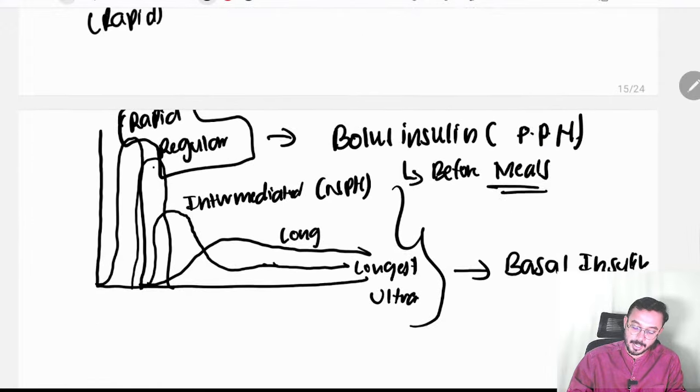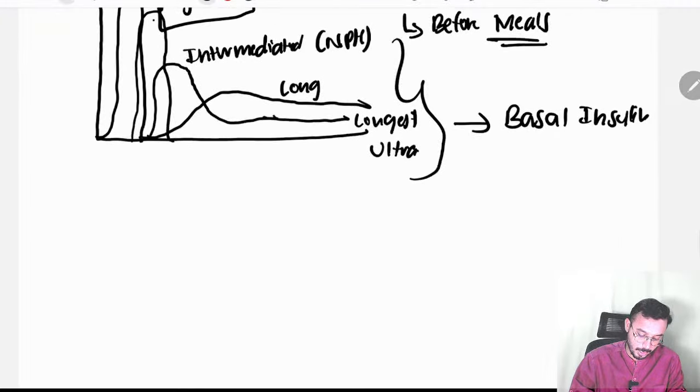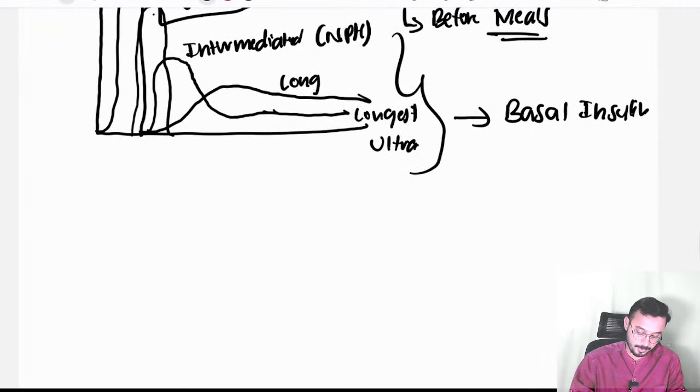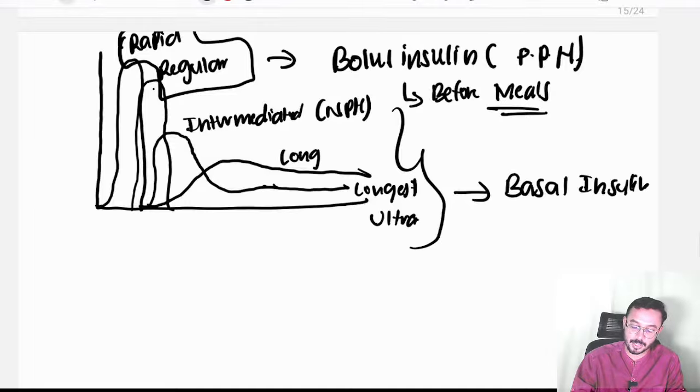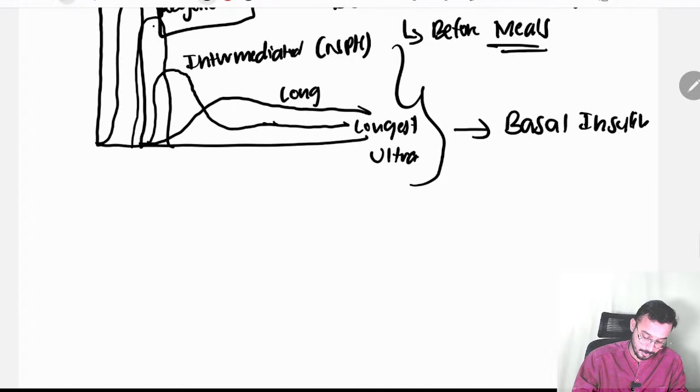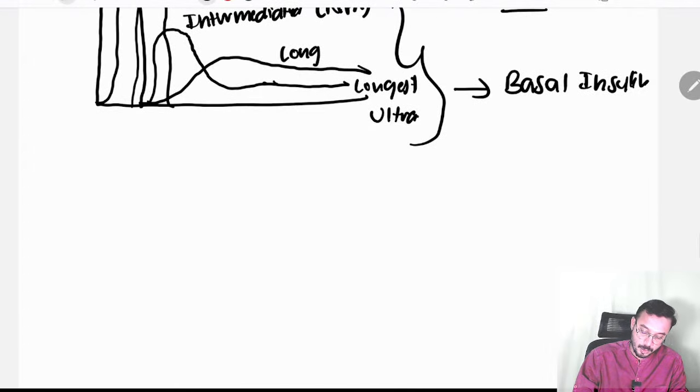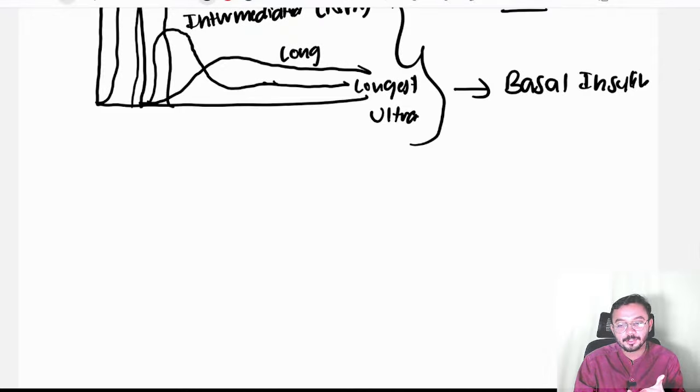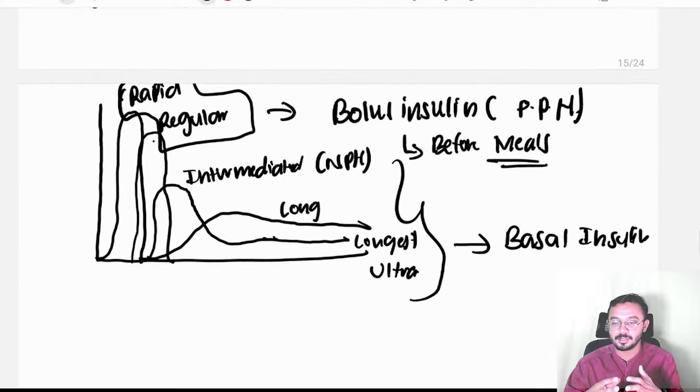And remember, when mixing, never combine these insulins with the longest acting one. There should always be a combination of basal and bolus. If you are giving insulin, it should treat both the postprandial and the baseline glucose, so it should put brakes on both things. Otherwise you cannot control things.